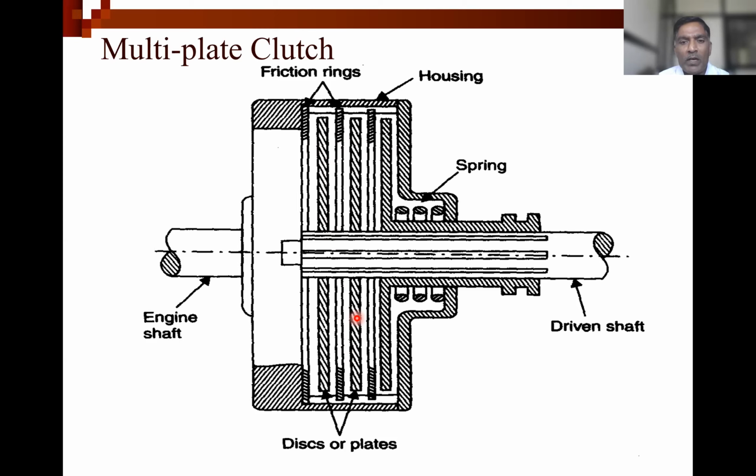So such multi-plate clutches are used in vehicles having a compact layout. So small in size, with available space, we can increase the torque transmission capacity of the clutch assembly.